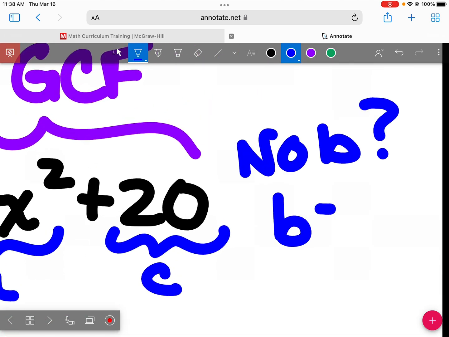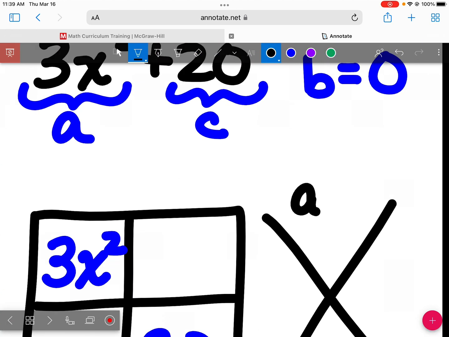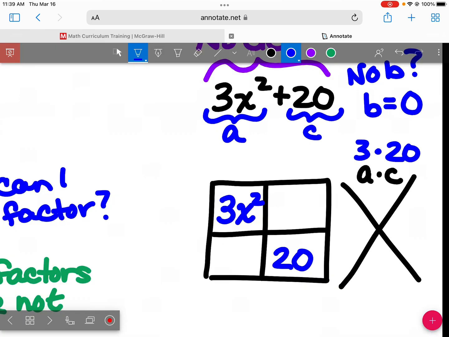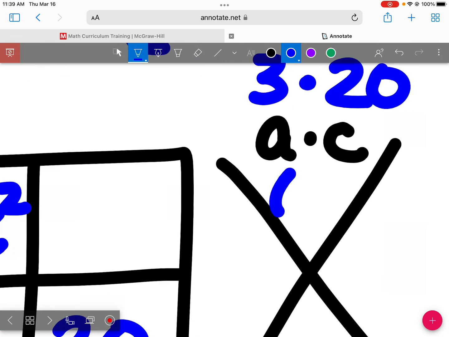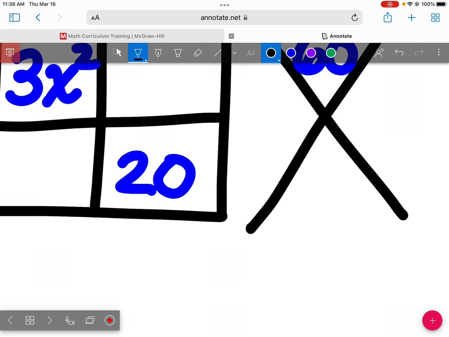What's it equal to if it's not there? 0. So I need to multiply A and C together. So 3 times 20. What is 3 times 20? 60.